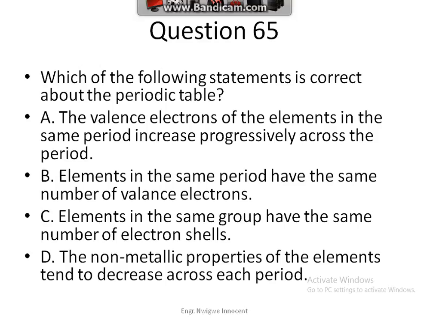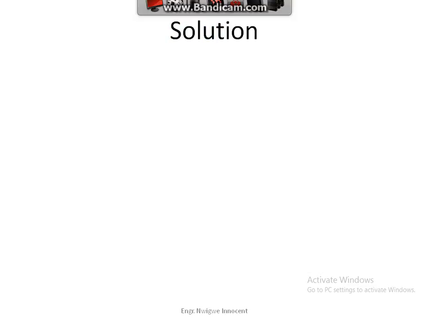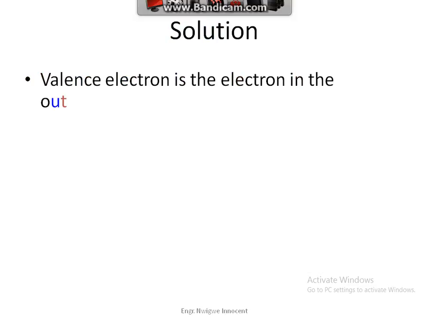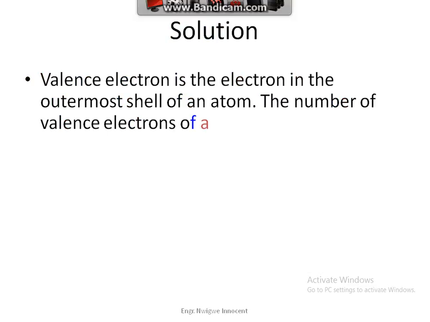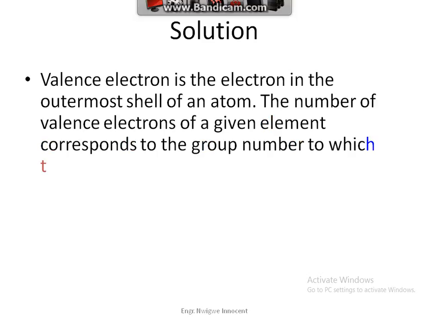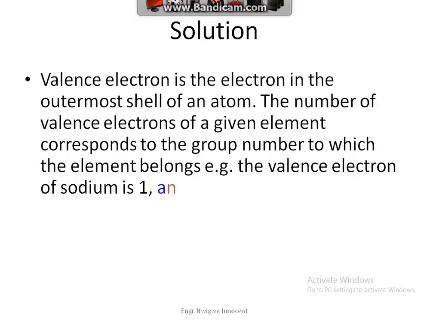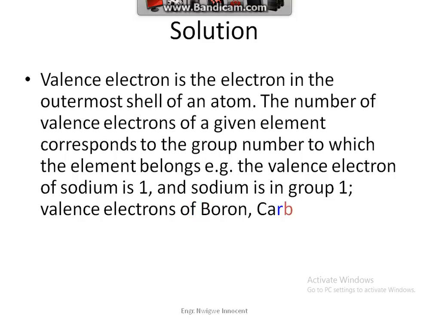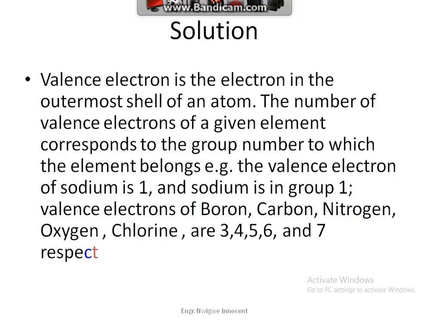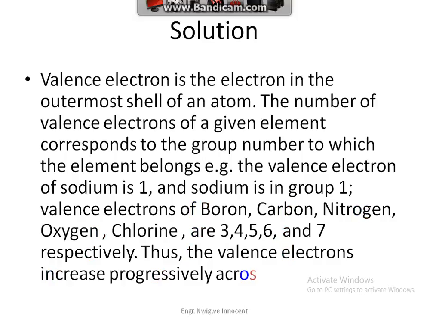Solution. Valency electron is the electron in the outermost shell of an atom. The number of valency electrons of a given element corresponds to the group number to which the element belongs. Example, the valency electron of sodium is 1 and sodium is in group 1.